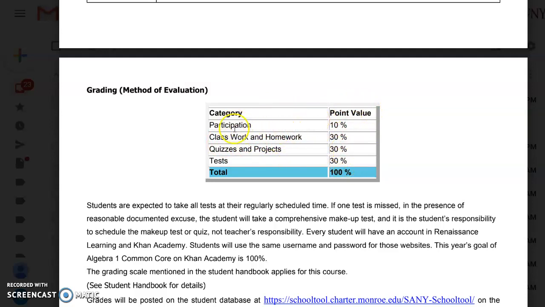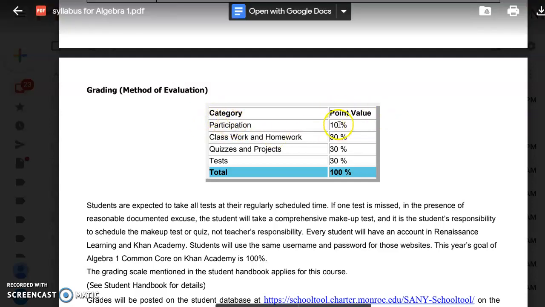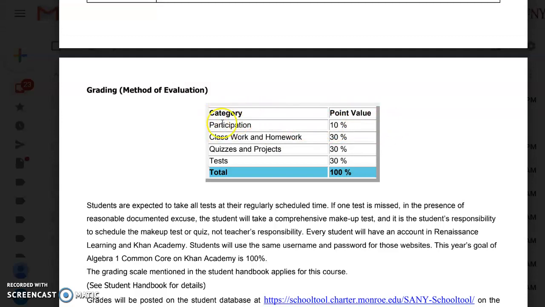Even if you get 10 or 20 participation grades in a semester or a marking period, everything is averaged out and it becomes 10% of the grade. It doesn't matter if the teacher is giving one participation grade or 20; the average of all the participation grades rolls up to 10%.